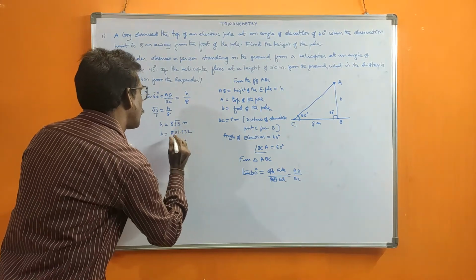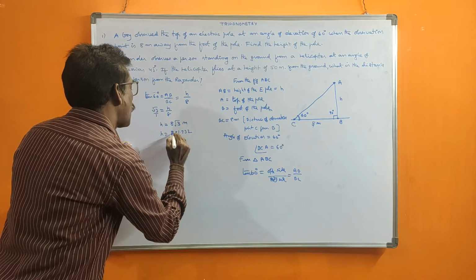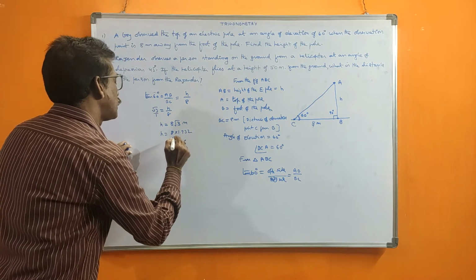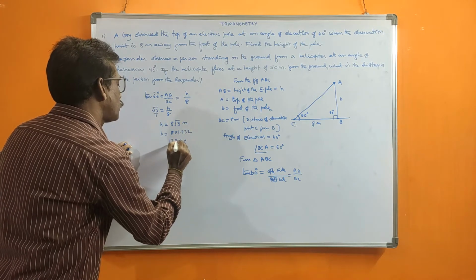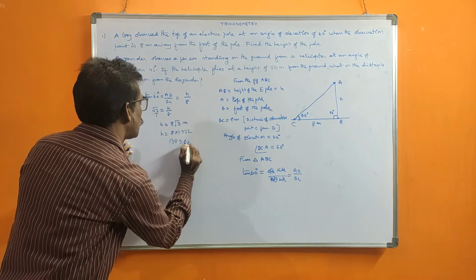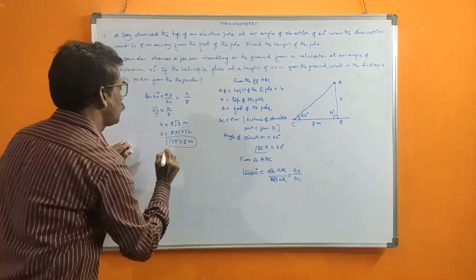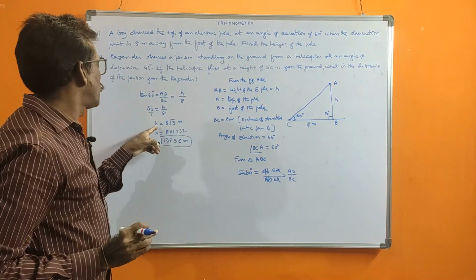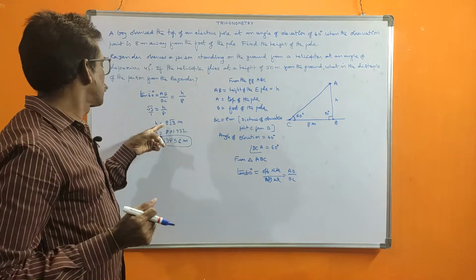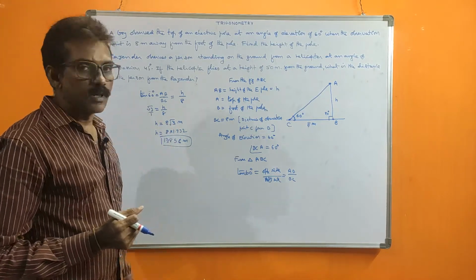That gives 13.856. So this is the exact value, but for the exam you can write up to 8 root 3, no problem. In the exam they will give full marks for 8 root 3. No need to write the decimal value.